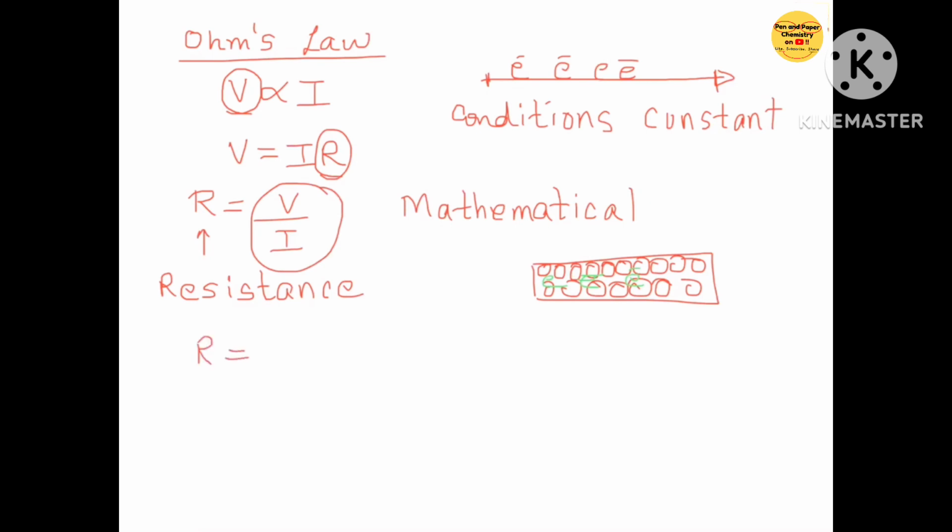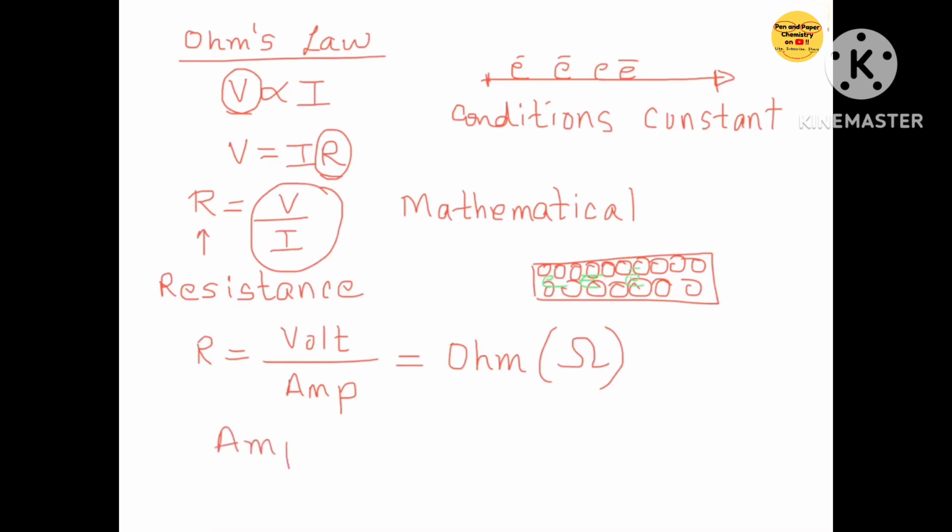V is measured in volt. Current is measured in ampere. So we have the unit of resistance as volt per ampere, or it is given the name ohm represented as omega.